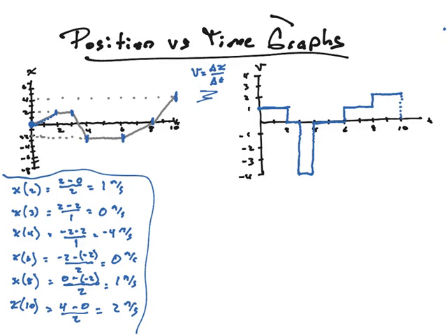Okay, now we want to do the opposite. Let's say we're given a velocity versus time graph, and we want to calculate the position versus time graph from it. So, let's see.